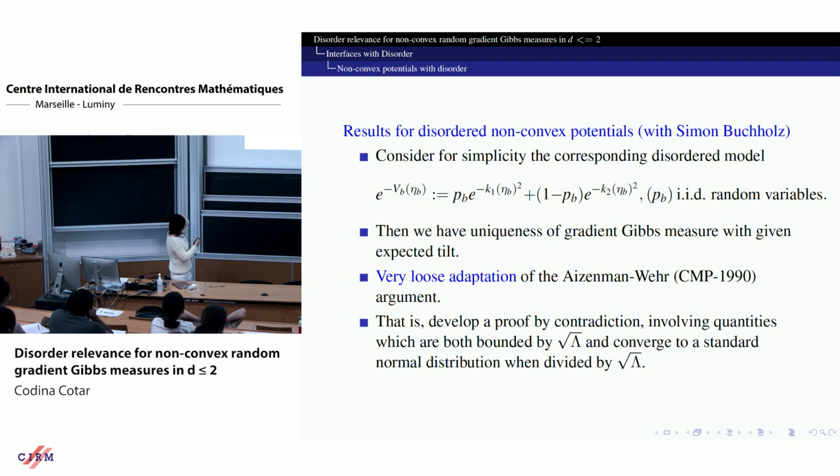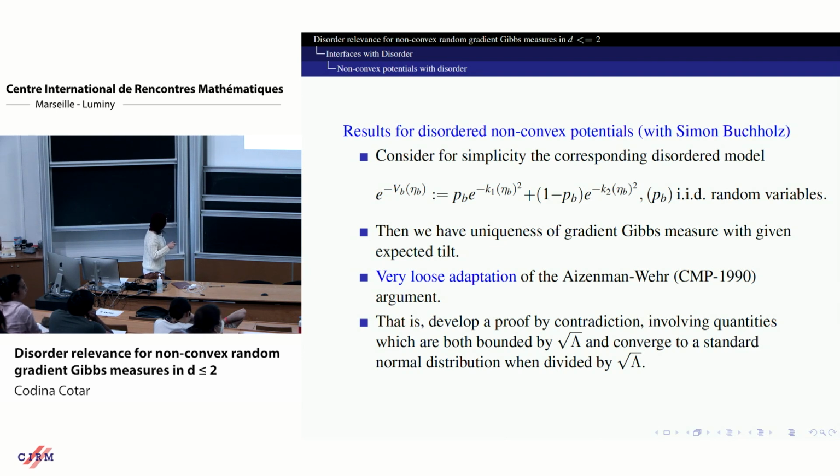And for simplicity, let's just look at the model that Biskup and Kotecký looked at. So you just had a model of this type in the Biskup-Kotecký setting, and there you had at least two infinite volume ergodic gradient Gibbs measures with the same tilt and different variances. Now, they had p and 1 minus p.